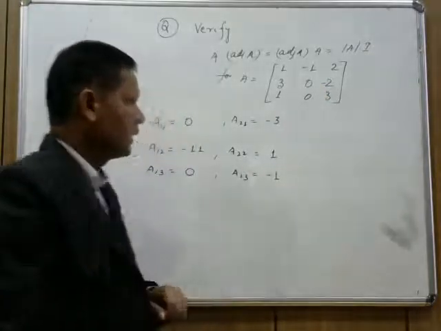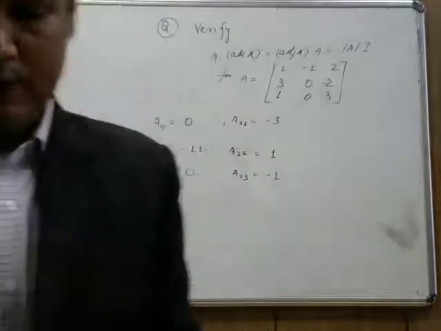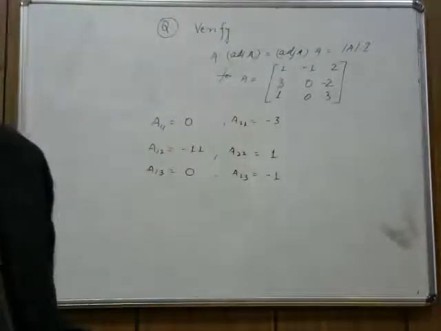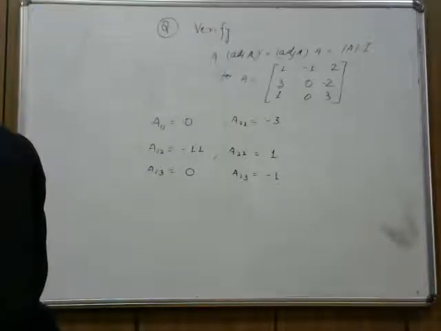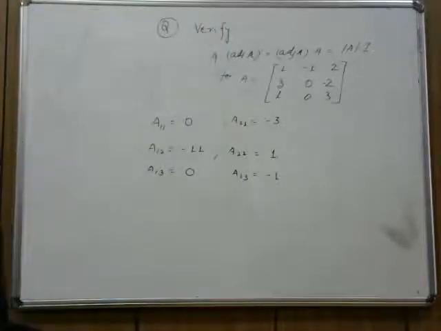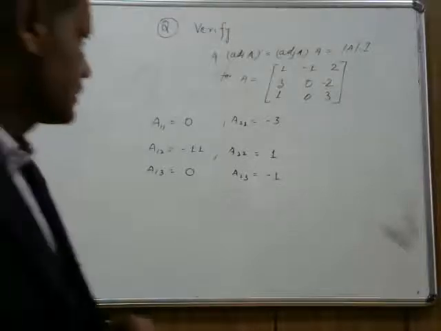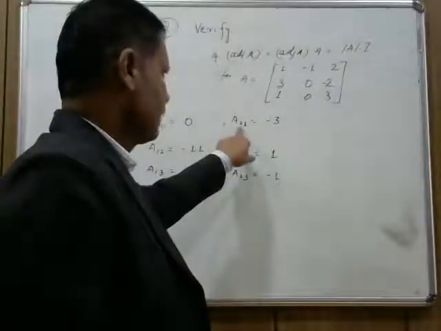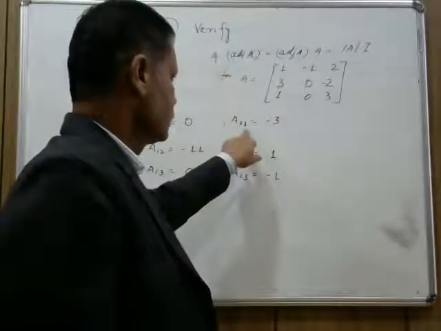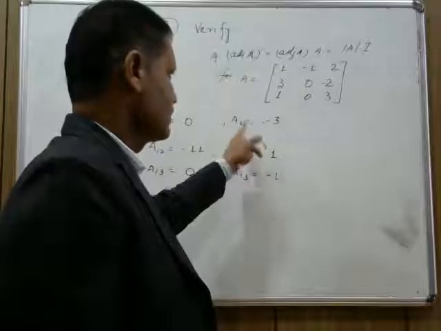Now A21 is minus 3, and that minus 3 becomes positive 3, because the sum of i plus j here is odd, so the sign will change.